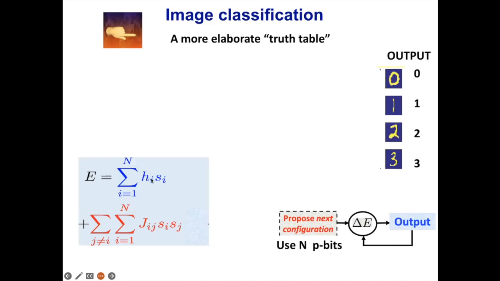Then you try to learn this H and J, so that you show it all kinds of images with the proper output, and then use it to adjust the H and J so that it represents the correct truth table.